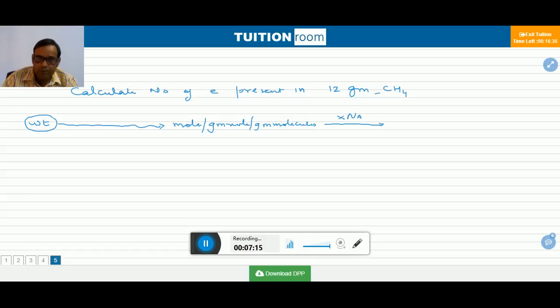Multiply by Avogadro number, and you will get number of molecules. From number of molecules, suppose one molecule consists of A electrons, then you multiply by A, and you get number of electrons.